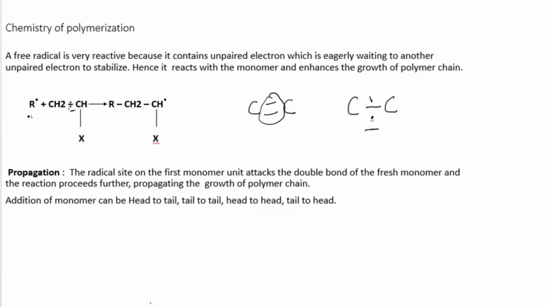So whenever a free radical reacts with a monomer, what happens is that one pi electron will shift to this radical site, and then this radical gets coupled and stabilized, and the other pi electron will go to the other end of the molecule.